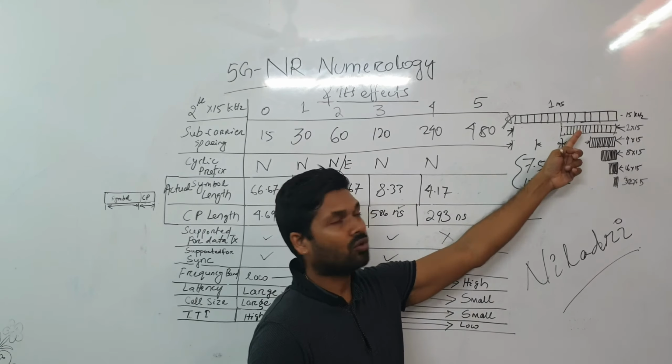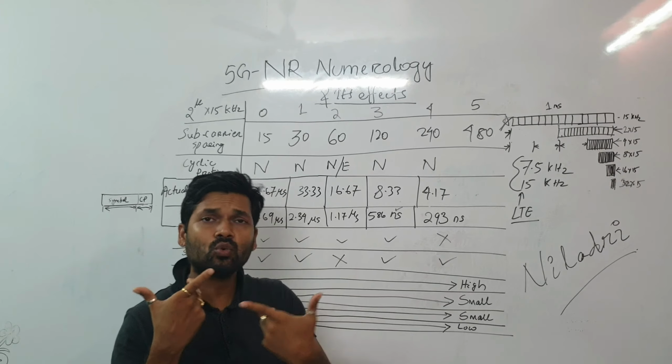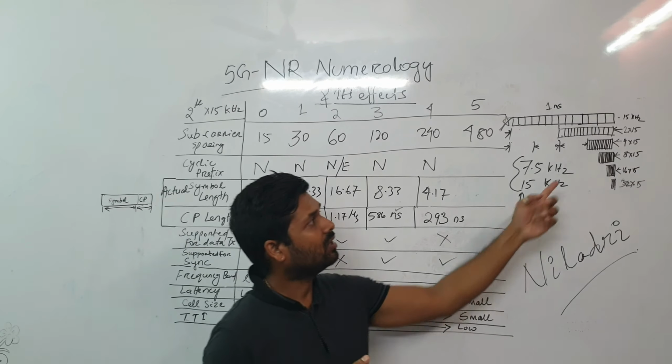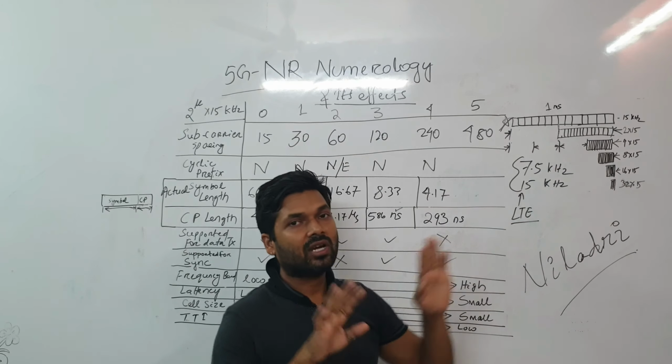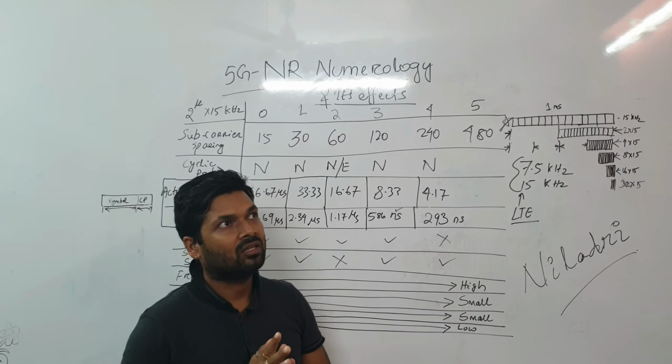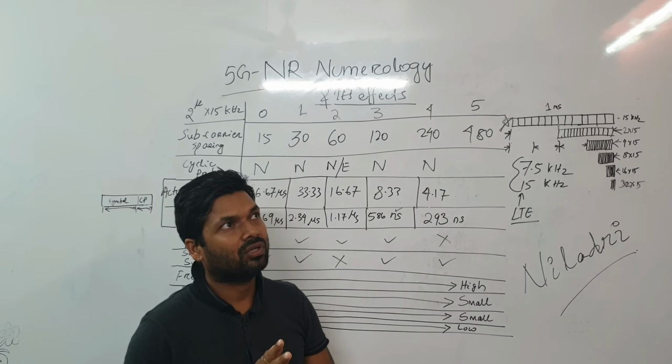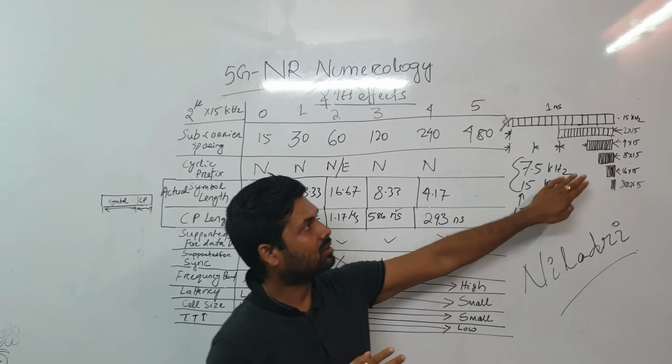So for 30 kilohertz, in 1 millisecond, 14 plus 14, or 14 into 2, so 28 symbols we transmit. Now for numerology type 3, that means 60 kilohertz, we have 4 into 14, so 56 symbols we transmit.